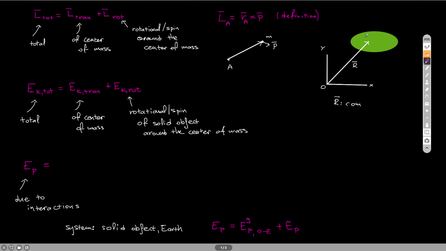Let me show you an example here. So let's say this is my solid object, and I have this particle here, and let's say it is a simple atom, and it has a chemical bond, which I illustrate here with the spring.